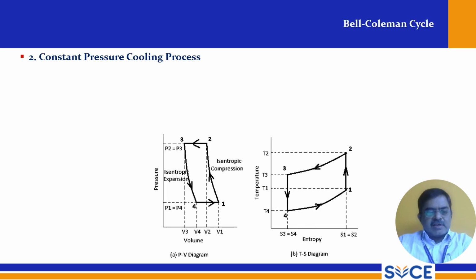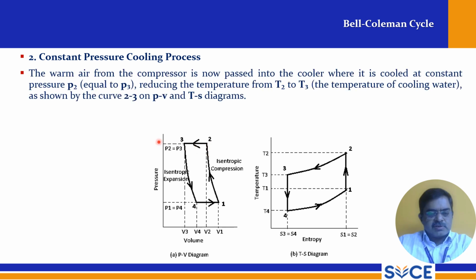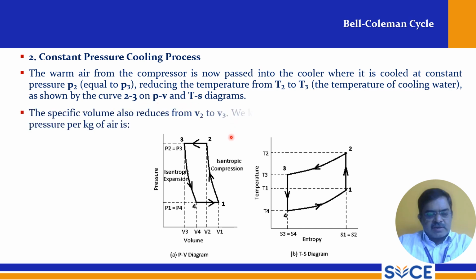Next is the constant pressure cooling process. The warm air from the compressor is now passed into the cooler where it is cooled at a constant pressure, P2 equal to P3, reducing the temperature from T2 to T3, as shown by the curve 2-3 on PV and TS diagrams.